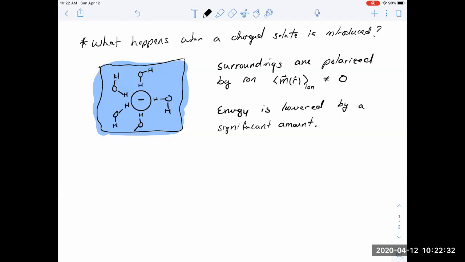Now, we discussed last time that Coulomb interactions, those fundamental interactions that are governing this electrostatic response, have a particular quality associated with them, which is that Coulomb interactions are significantly longer range than most other molecular interactions. Because they are long range, that polarization of the solvent in response to the ion is not going to be local.